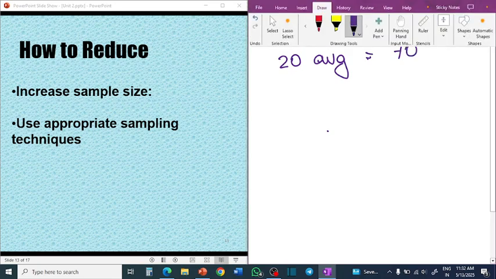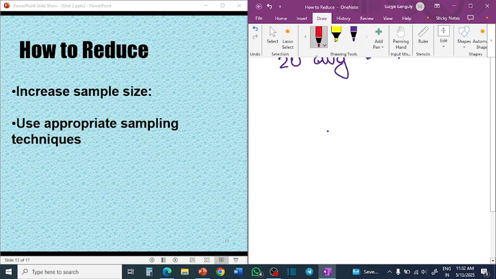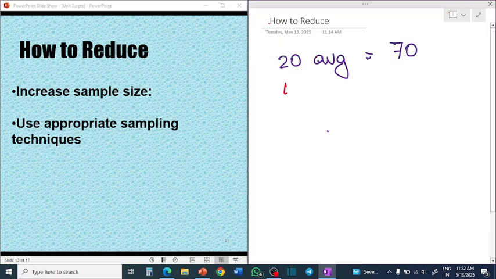Now, if we take an average of, let's suppose, 40 students, obviously 40 students will represent the class in a better way. Suppose their average comes to 63. So 40 students will represent the real average better than 20 students.